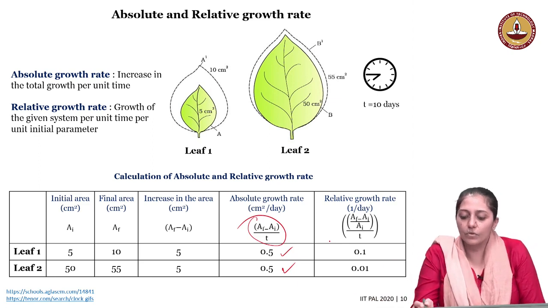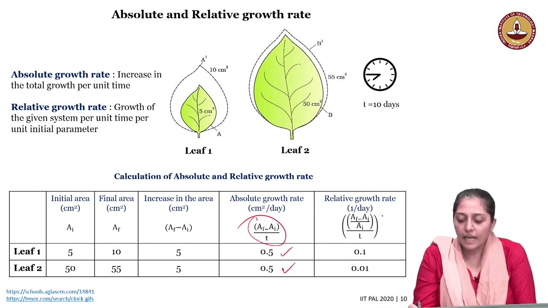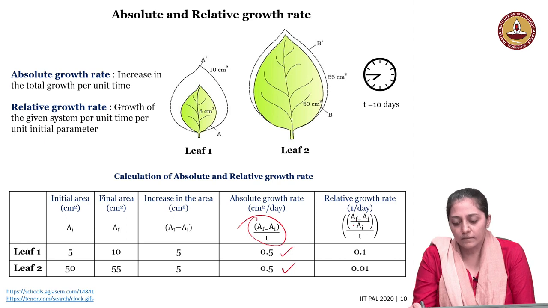So, then the relative growth rate in this case can be written as the change in the area per unit initial area happening in the given amount of time. So, in both the cases, the difference in the final and the initial area is 5, while in one case the initial area is 5 and in the other case the initial area is 50.